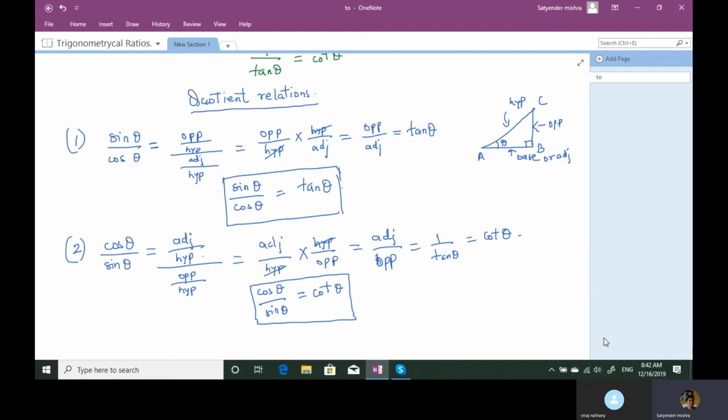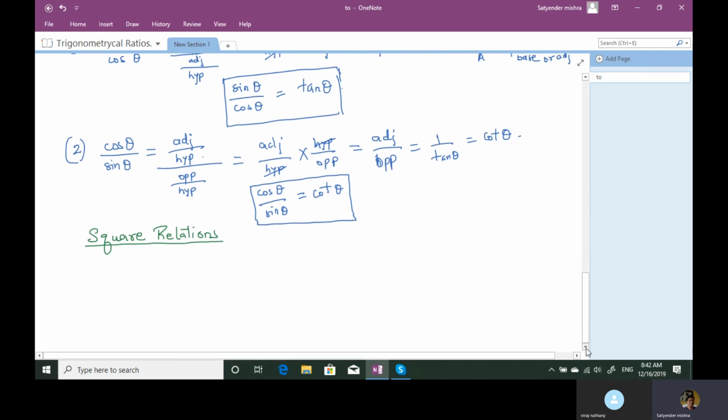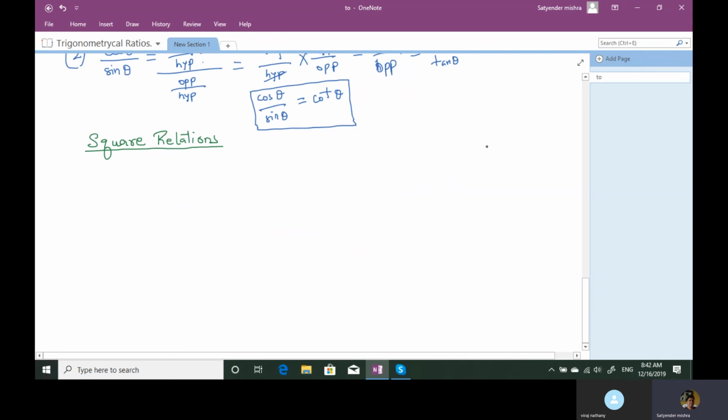The next thing is square relations. So adjacent, opposite, and hypotenuse.